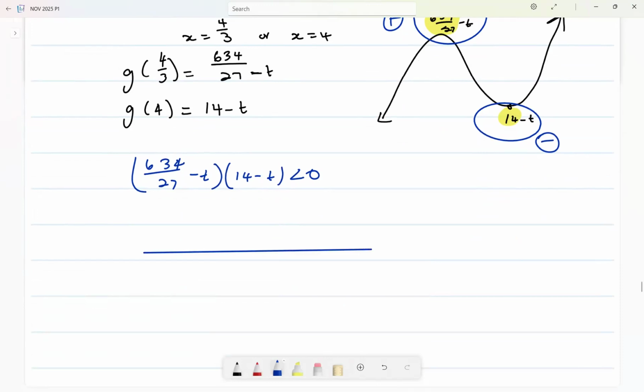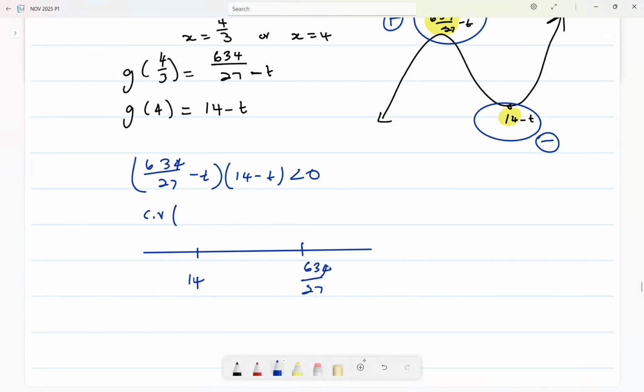So let's solve this as an inequality. The critical values that I have, let's see which one is bigger, 634 divided by 27 or 14. 634 divided by 27 is about 23. Let me put it here: 634 divided by 27 and 14 here.